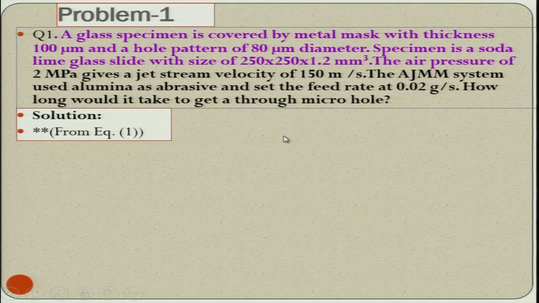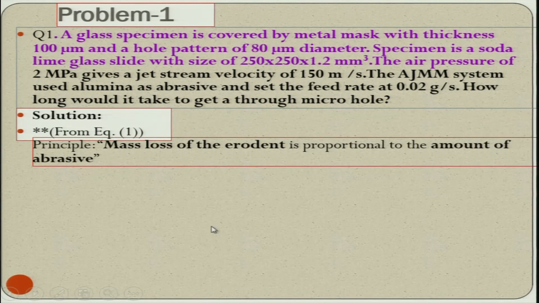Now, let us try to find out this with the help of equation 1, which we have already discussed. The principle is that mass loss of the erodent is proportional to the amount of abrasive.